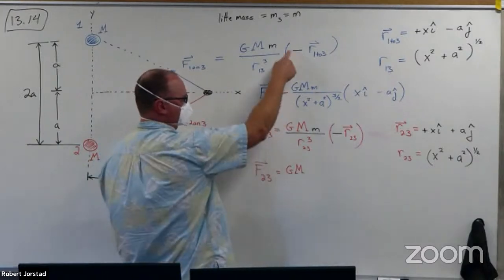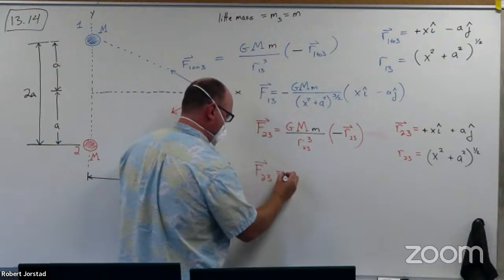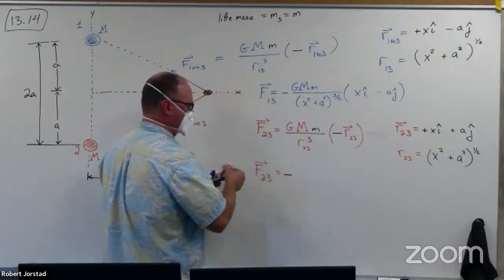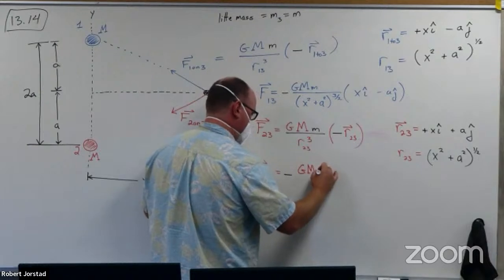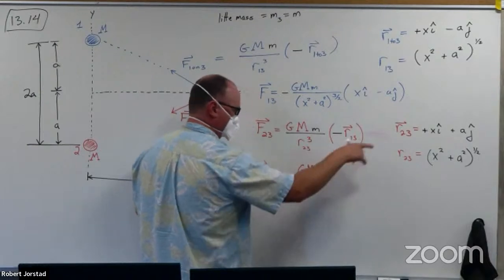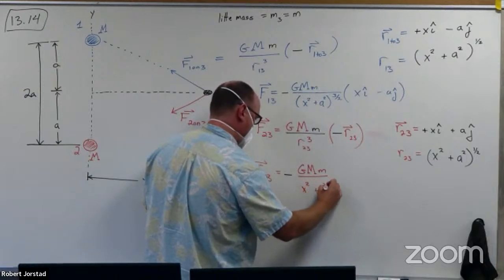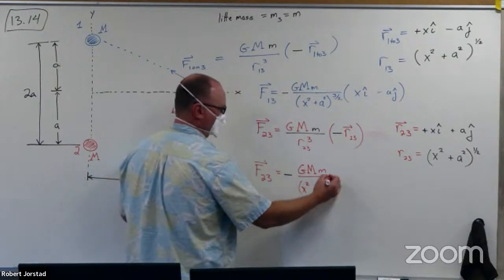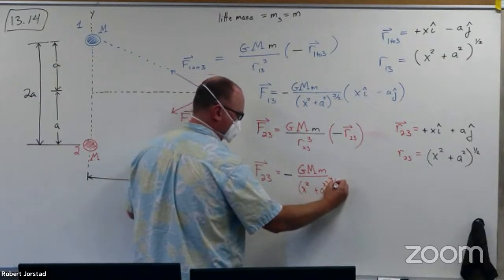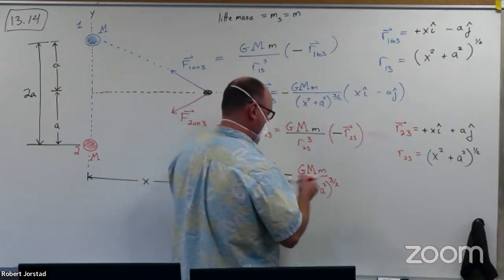Remember, we brought that minus sign out? X squared plus a squared to the what? 3/2. And then we're multiplying by that r vector over there.